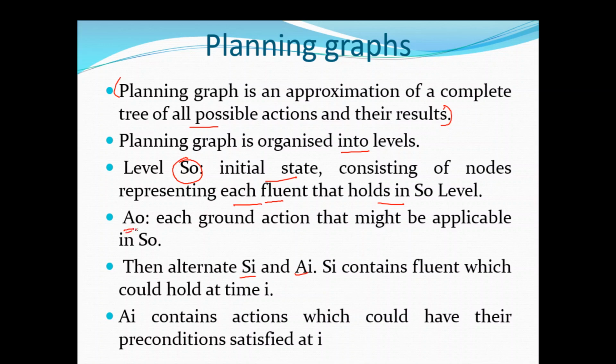And A0 represents the actions that are applicable at S0. So S0 and A0 is one level. After S0 and A0, you will have S1 and A1. This is another level. Then you will have S2, A2, and so on. It goes on, and based on some condition, it will stop.